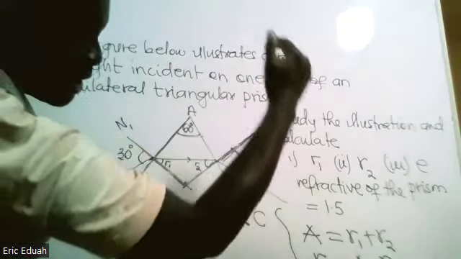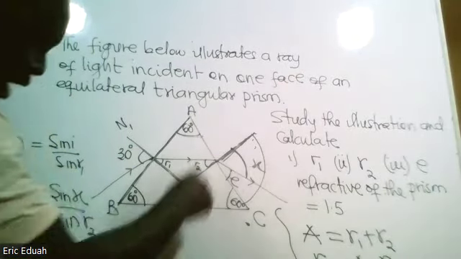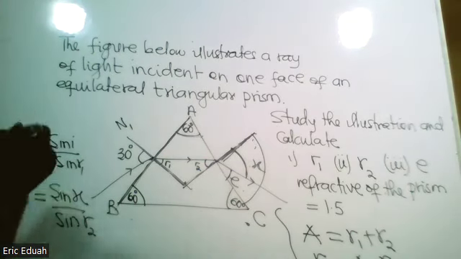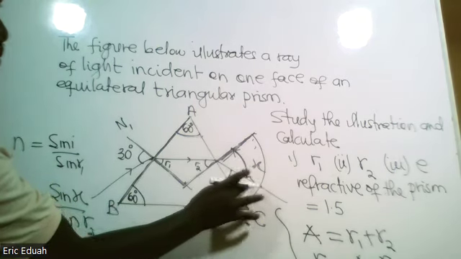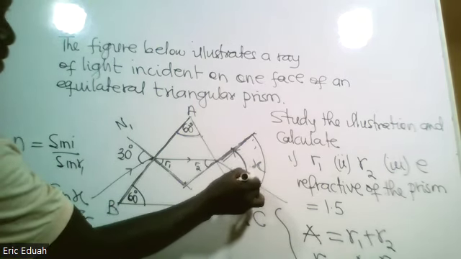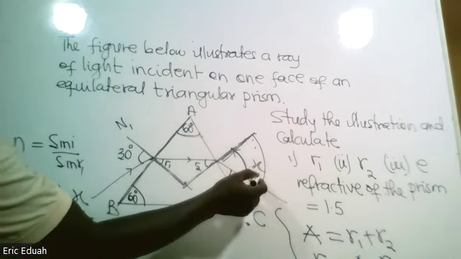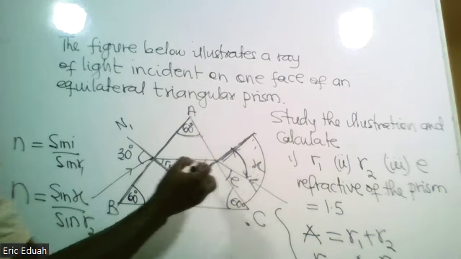Still, air to glass, it is absolute refractive index. So n is still 1.5. But this time the angle of incidence will be this angle. Because we are reversing the path, this will be the incident ray, so it will be sine of this angle over R2.